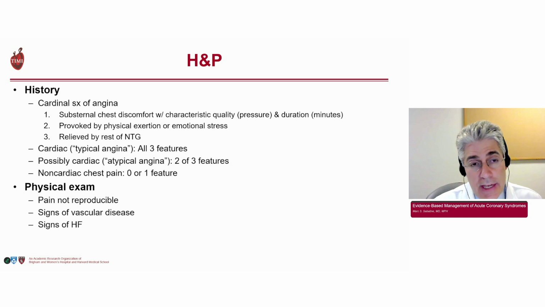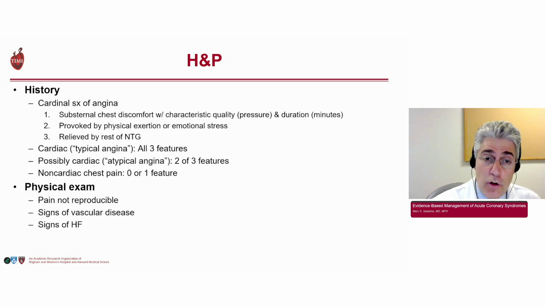So obviously, the history and physical remains a cornerstone of our evaluation when you're seeing someone in the emergency room or elsewhere in the hospital. Remember the cardinal symptoms of angina: substernal chest discomfort with a characteristic quality, a pressure that typically lasts for minutes. Seconds is too short. Many hours would be very atypical, so typically minutes.